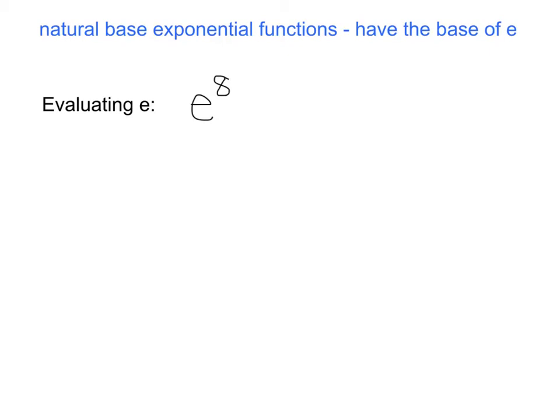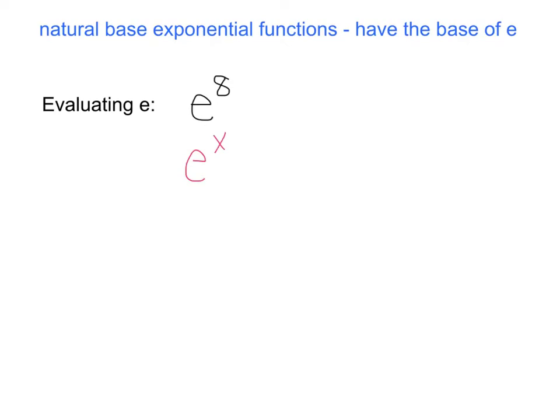The natural base exponential function has a base of the letter e. So we're going to first look at how we evaluate using e. Let's find e to the 8th power. Look on your calculator. If you're using a graphing calculator, it's on the left-hand side, under the log button. Under that button is the ln button, and in blue is e to the x.